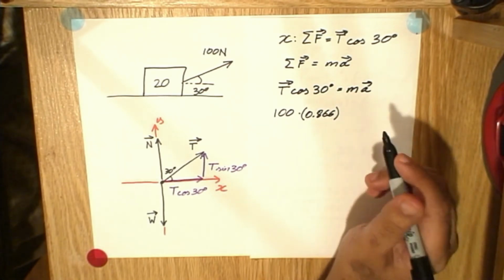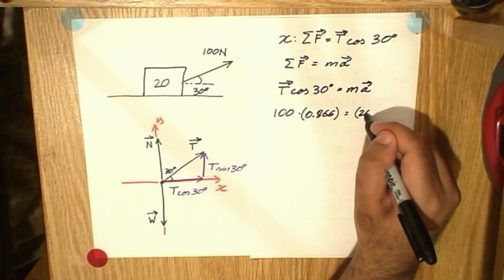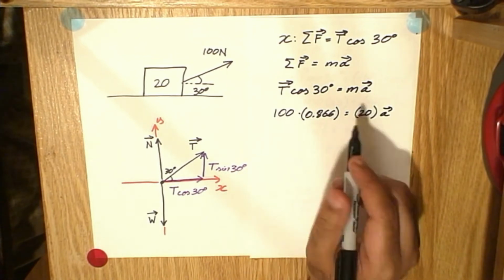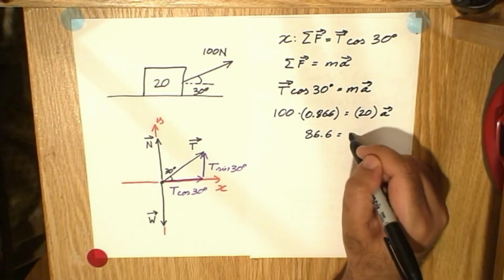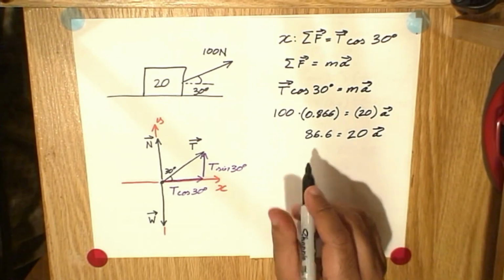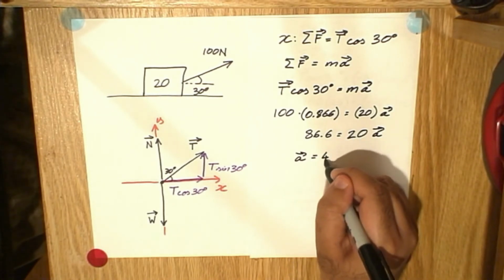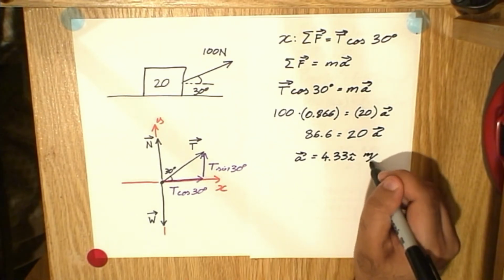Again, I know this because I'm a nerd. Is equal to a mass, 20, times acceleration. So 100 times 0.866 will give you 86.6, is equal to 20 times the acceleration. Then divide both sides by 20, and you get the acceleration is equal to 4.33 i hat meters per second squared.